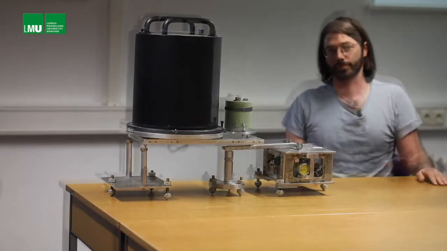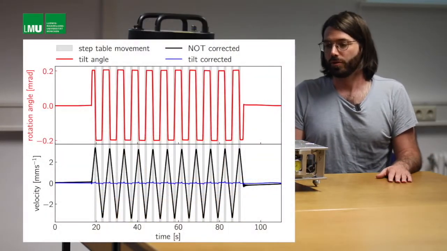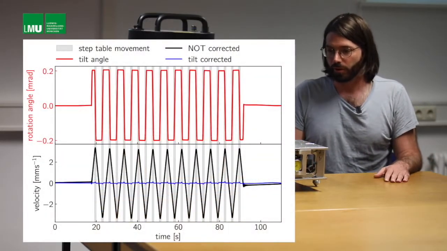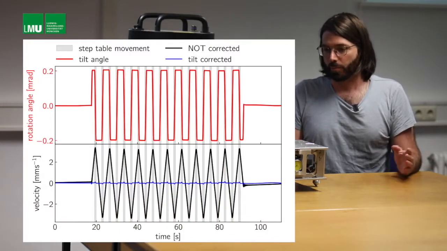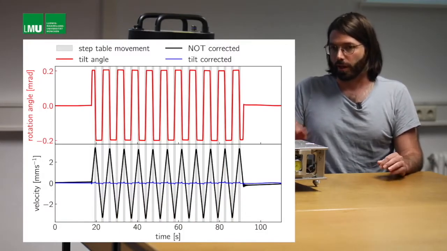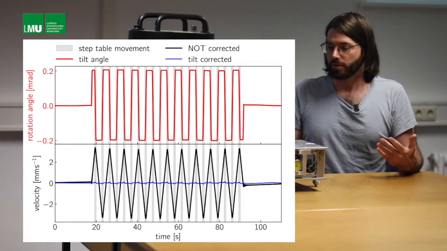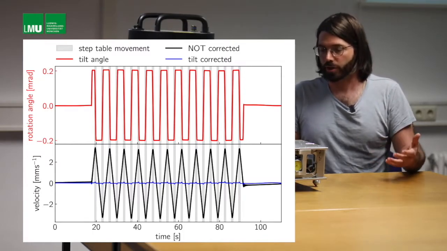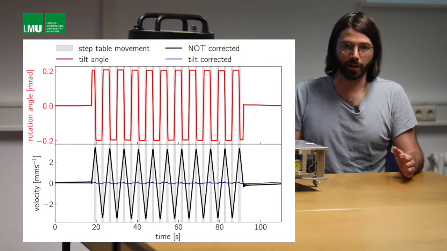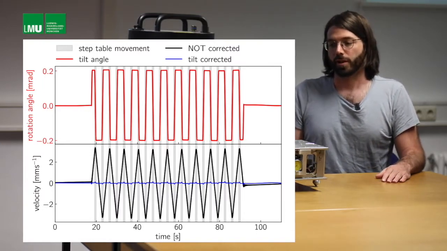This plot shows the reaction of the seismometer to the tilt steps. The red line on top represents the BlueSeis 3A, so the rotation angle measurement, and the black line at the bottom is the seismometer measurement.